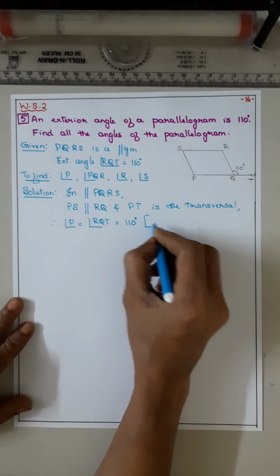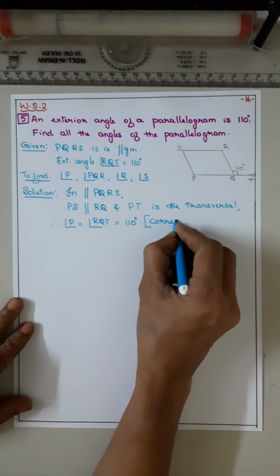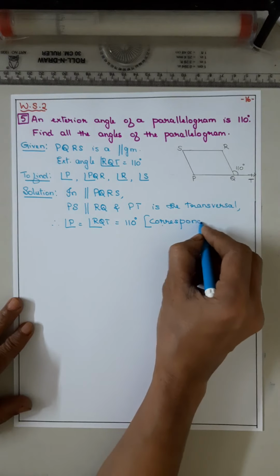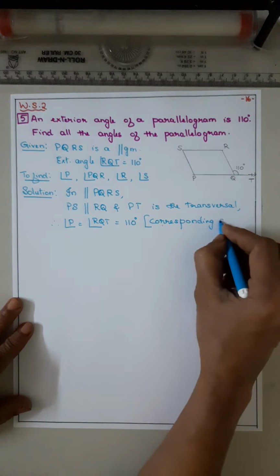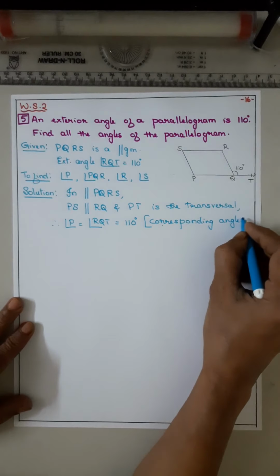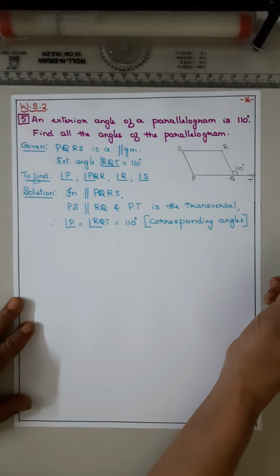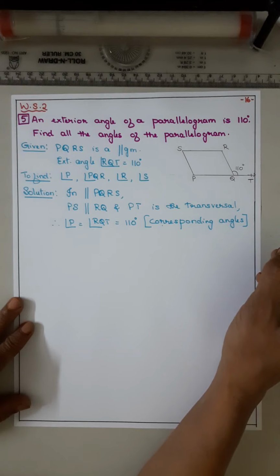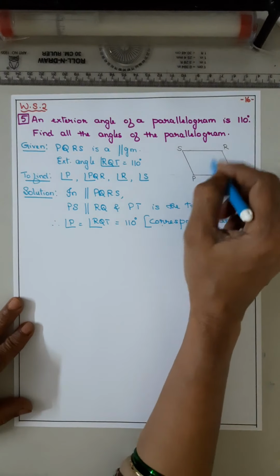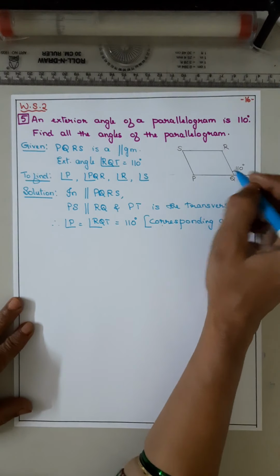Why? Because they are corresponding angles. Remember, in parallel lines we have corresponding angles, alternate interior angles, co-interior angles, alternate exterior angles. Co-interior angle sum is 180, but corresponding, alternate interior and alternate exterior angles are all equal.